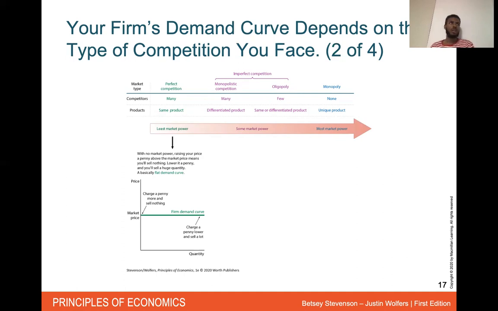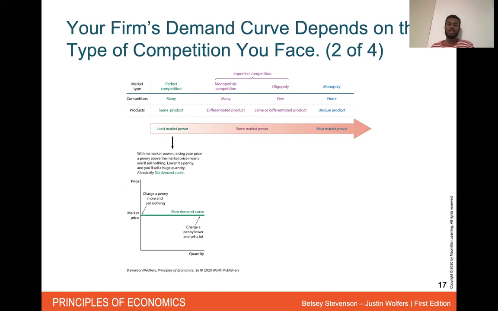So there's basically no way in a perfectly competitive market to charge above the market price. And if you charge lower than the market price, even a penny lower, you'll sell everything. You'll grab the whole market, and you'll basically be the new market price.